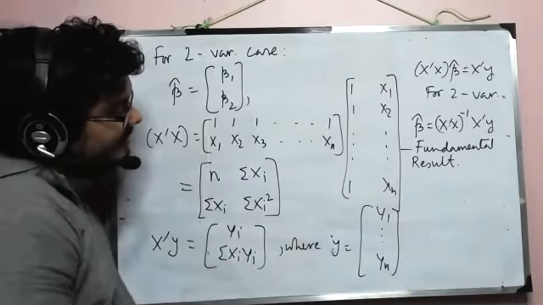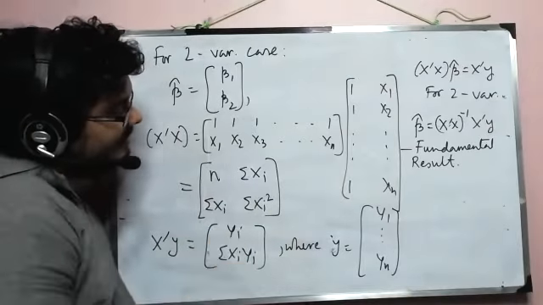Now, just to mention in passing, this shows us that if I take expectation of beta hat, then it becomes beta because X is non-stochastic and expectation of u equals 0. So that allows us to write the next line as expectation of (beta hat minus beta)(beta hat minus beta) transpose.